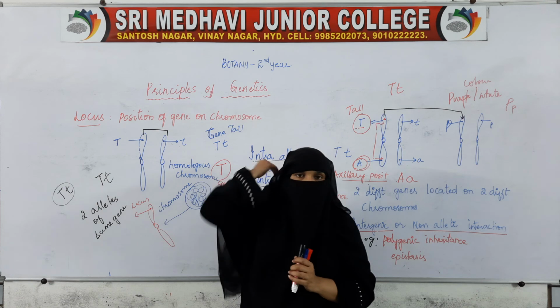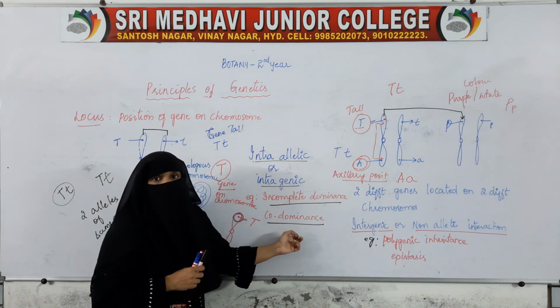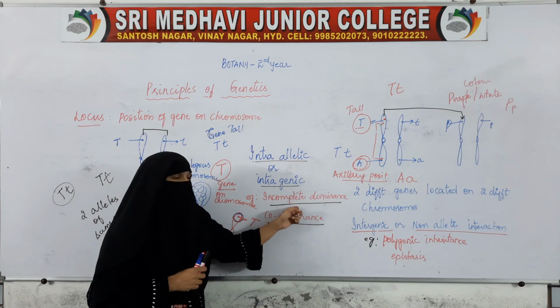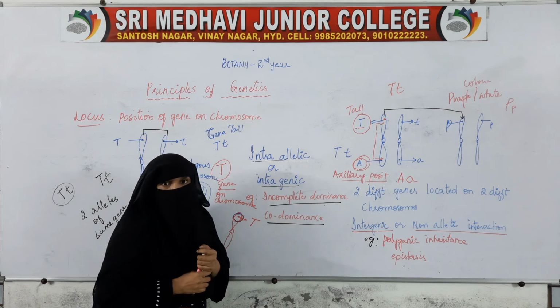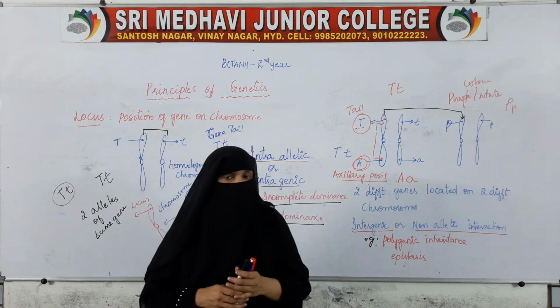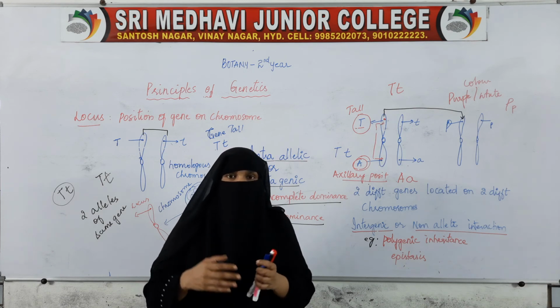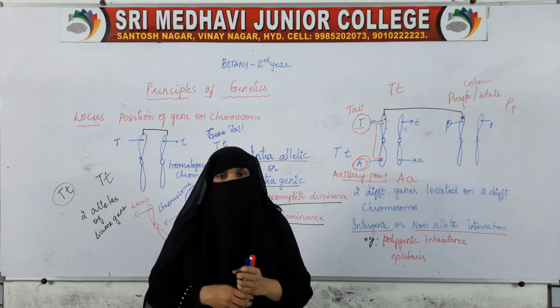We will see in the next class. In your book we have incomplete dominance and codominance. In the next class we will see incomplete dominance and codominance, which are nothing but some variations from Mendel's principles.